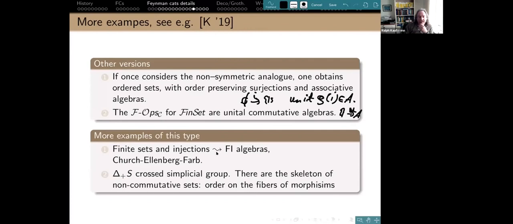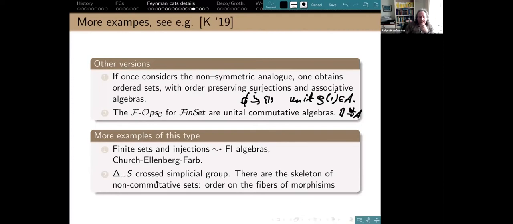If you take finite sets and injections only, you get FI algebras, which are important in representation theory for stability phenomena. If you add symmetries, you get the cross-simplicial groups.